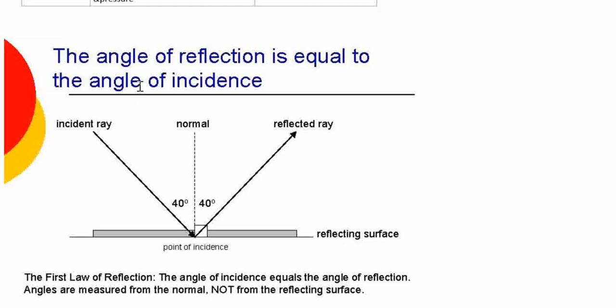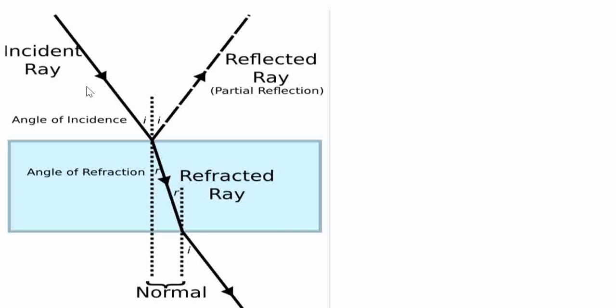So this is the angle of reflection, which is equal to the angle of incidence. So this is for question 8A part 1. If this is 40, this also will be 40. The incident angle equals the angle of reflection. Next is how an incident ray from the air passes through a glass block and is refracted and then comes out from the glass into the air again. So this is our answer.